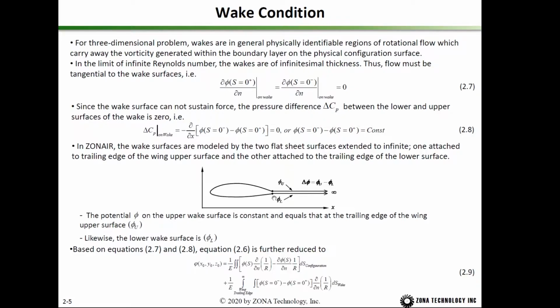Likewise, the phi on the lower surface wake is equal to the potential at the lower surface trailing edge. So based on these 2 equations, the wake equation can be represented by this integral.